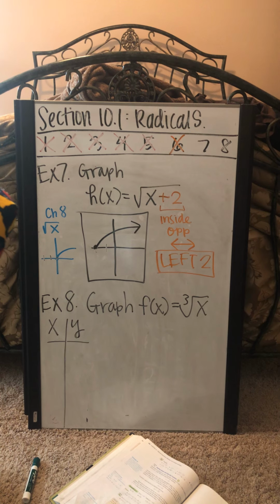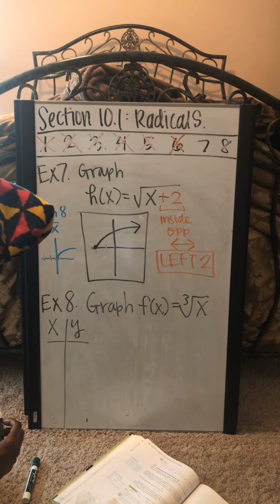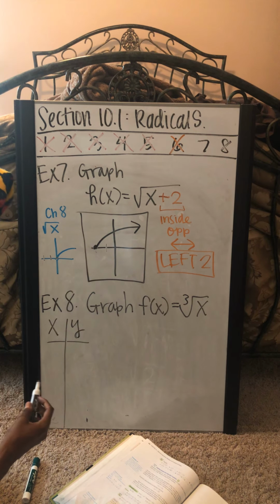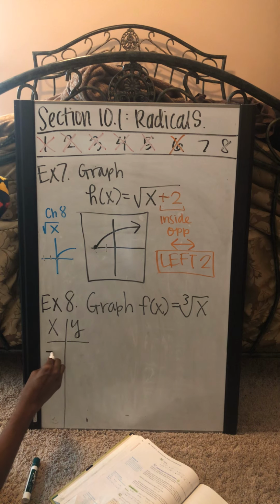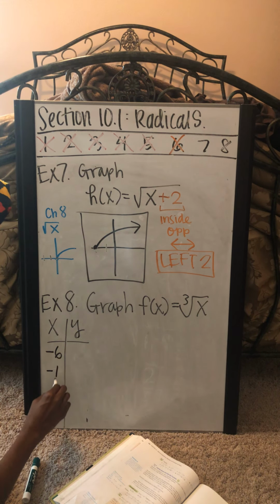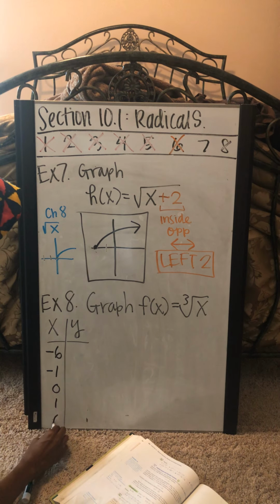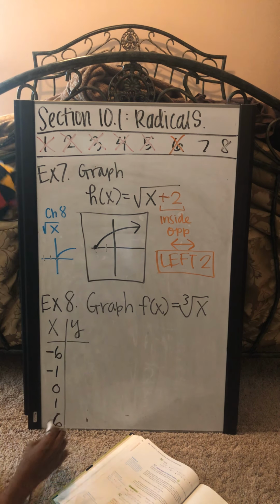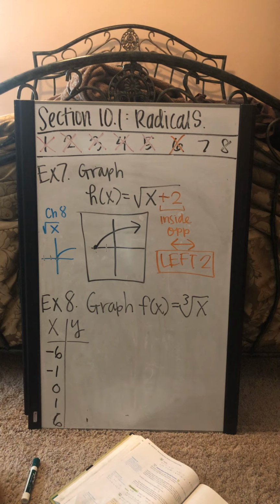We should do positives and negatives. So just to make it easier, I'm going to do -6, -1, 0, 1, and 6, okay? You could try the other numbers in between, like -2, -3, -4, -5, or 2, 3, 4, 5.